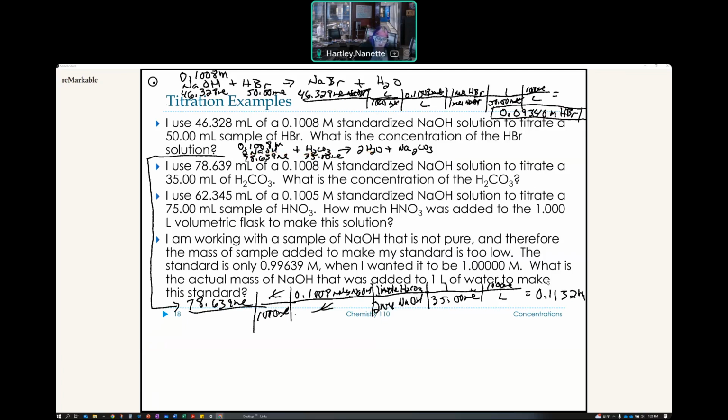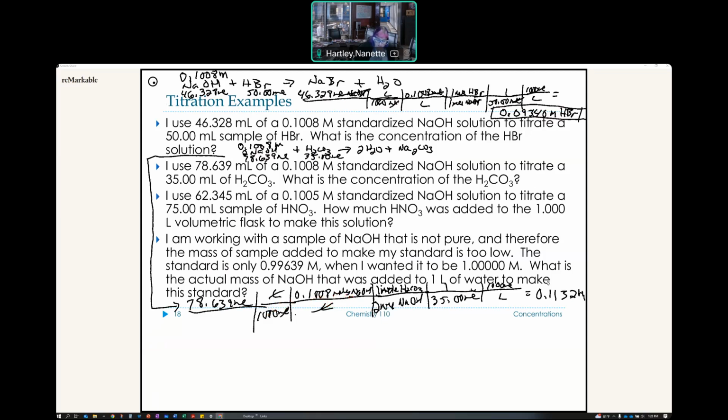Now I know that my NaOH is 0.1008 molar, and I used 78.639 milliliters of it. And this sample is 35 milliliters. So I brought that calculation down here. I said 78.639 milliliters, converted to liters, divide by 1,000. And then I multiply that by the molarity of that NaOH solution, 0.1008 moles of NaOH per liter.